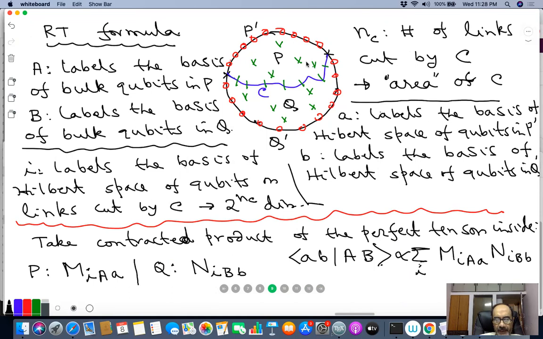The one which has minimal area will produce minimal entanglement entropy, because the corresponding bulk state will be a product state again between the two sides of the cut, and then the minimal area will provide an upper bound to the entanglement entropy of P prime.